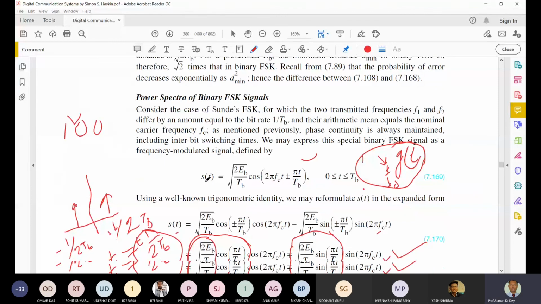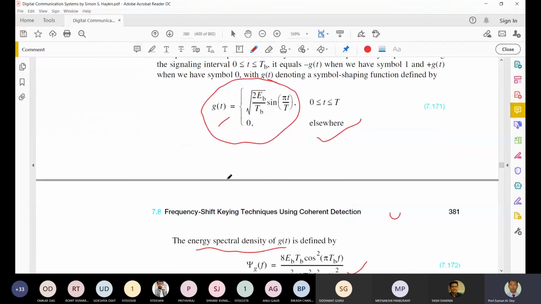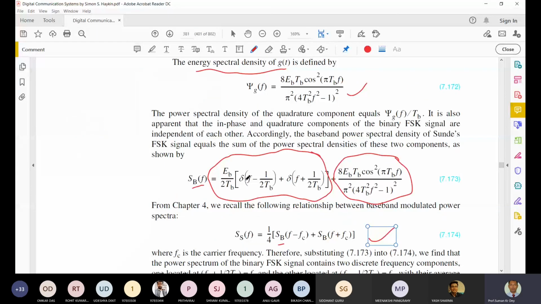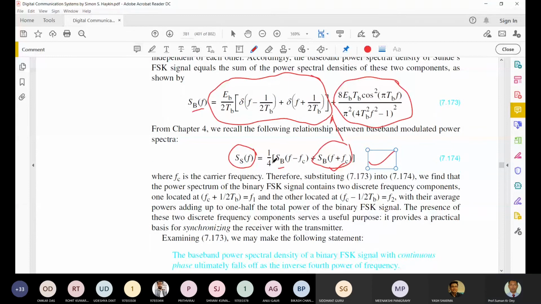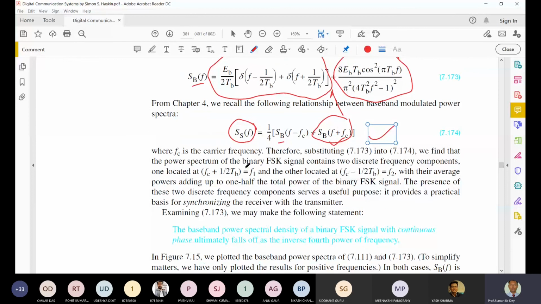Here we are calculating this value, S_s(f), which is equal to this, and we calculate the function of this over here. Now if we replace f by f minus fc or f plus fc and add these terms, we get this value S_s(f).